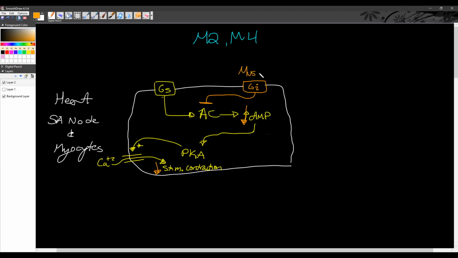So our muscarinic agonists, the first effect that they're going to have is they're going to decrease cAMP, which will decrease contraction.